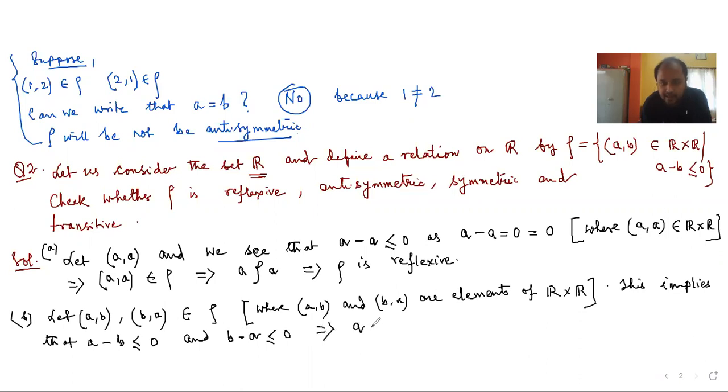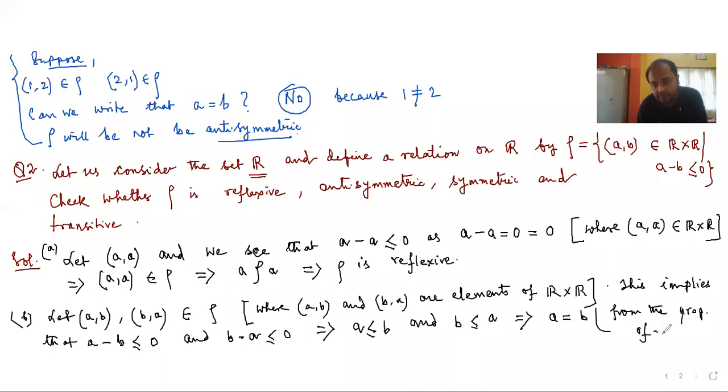This implies A is less than or equal to B and B is less than or equal to A. This implies A is equal to B from the property of real numbers. So when (A, B) and (B, A) both belong to rho, it implies that A is equal to B. Therefore, rho is antisymmetric.